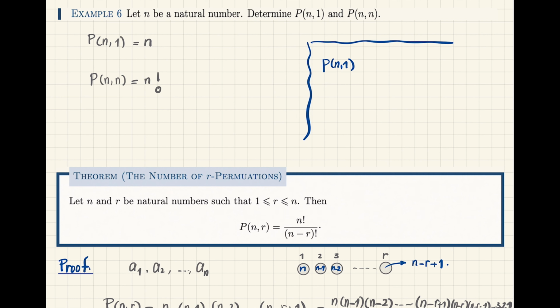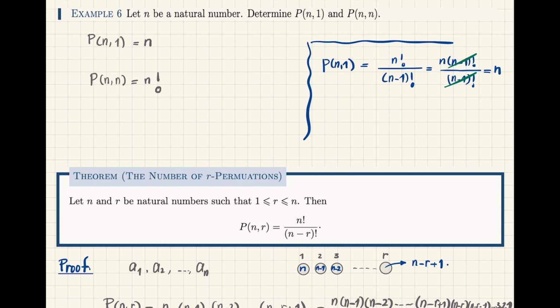The formula tells me to write n factorial over n minus 1 factorial, but n factorial can be written as n times n minus 1 factorial, divided by n minus 1 factorial. Whatever this number is, it cancels from the numerator and the denominator, and the answer you predicted without knowing the formula is correct, and that is n.